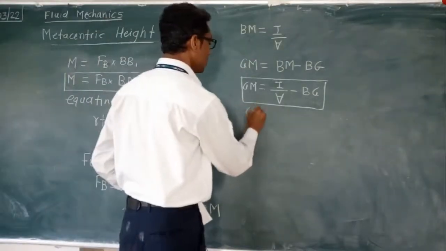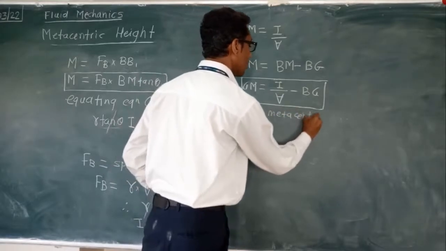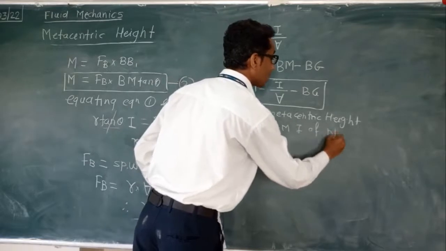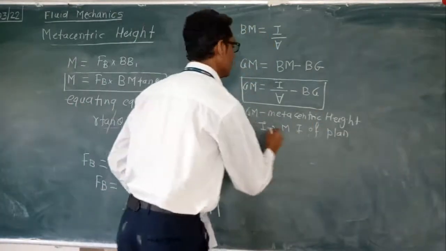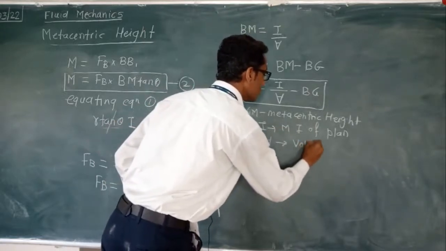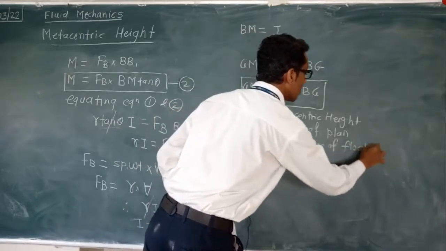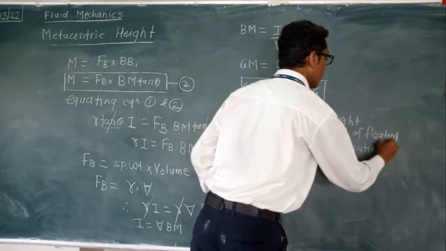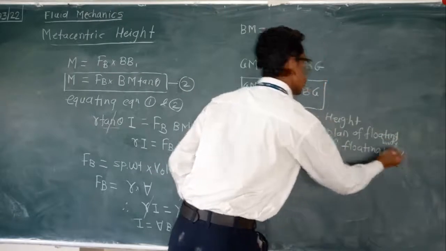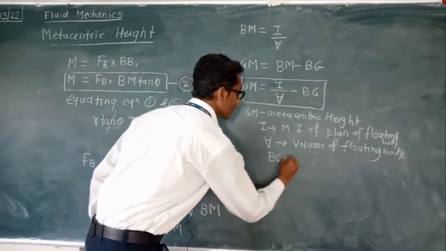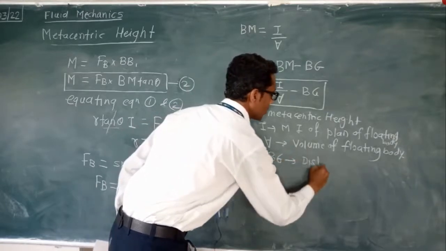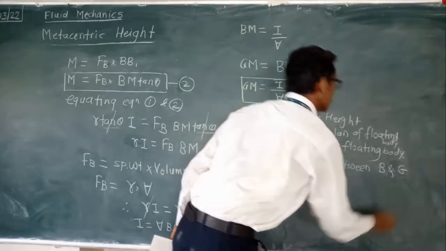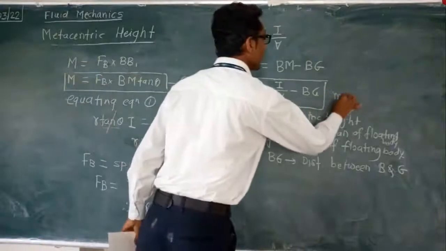Here GM is the metacentric height, I is the moment of inertia of the plan, meaning top view, of the floating body, V is the volume of the floating body, and BG is the distance between B, the center of buoyancy, and G, the center of gravity, in meters.